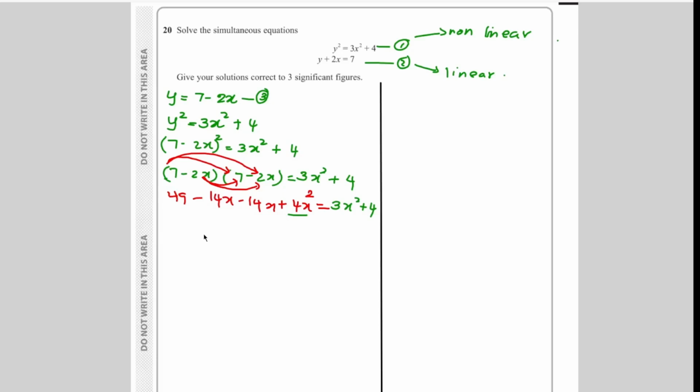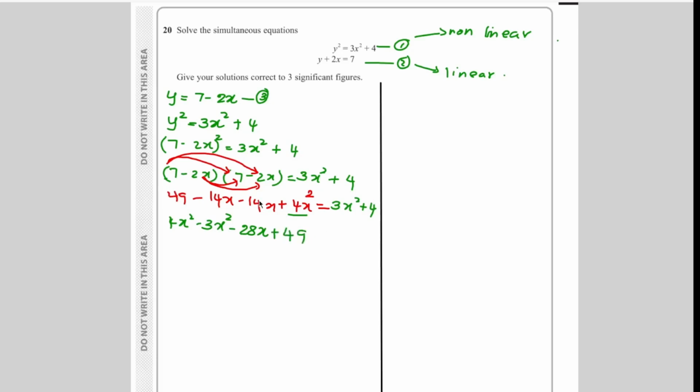If you are crossing over the equal sign, only then do we change the sign. So crossing over the equal sign, it gets changed, minus 3x squared. Here minus 14x minus 14x is minus 28x. Here I'm getting plus 49.